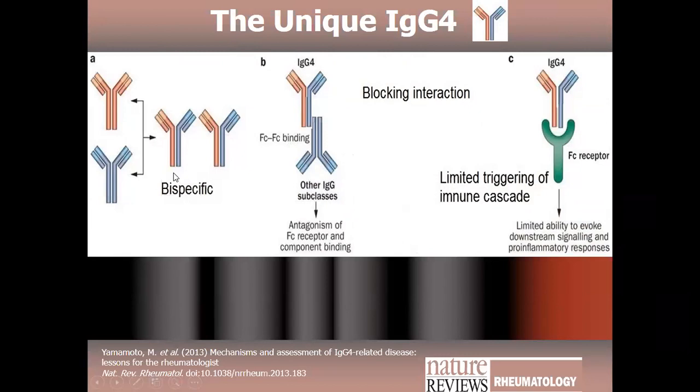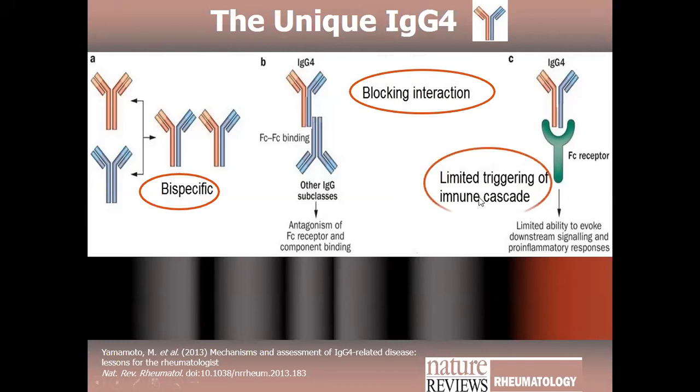It gives certain criteria to IgG4. It becomes bispecific. It now will cause a block to other immunoglobulins, and it will limit its ability to cause immune complexes because it will have very weak combination with the antigen. It will become unable to form good antigen-antibody complexes. At the same time, it limits the triggering of the immune cascade, limits its ability to evoke downstream signaling and pro-inflammatory responses.